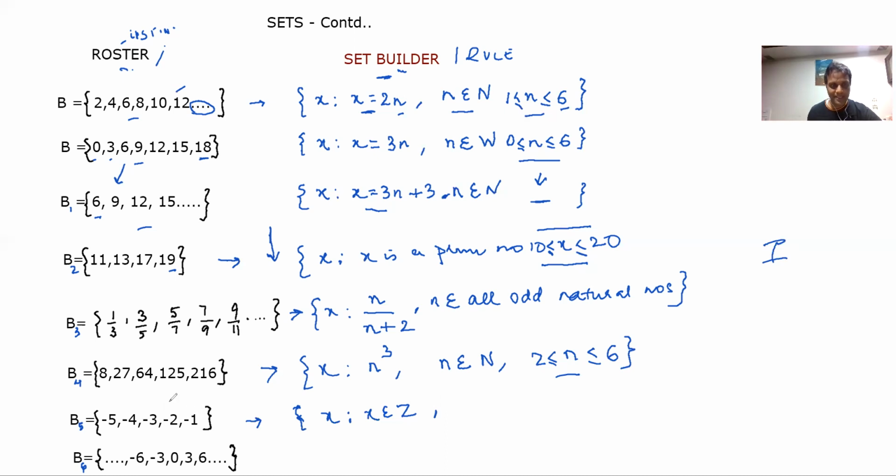But what I'm seeing is there is no continuation of the series. So my X is lying between minus 5 and minus 1, and close the curly bracket. Good enough? Perfect. Let's do this last one.